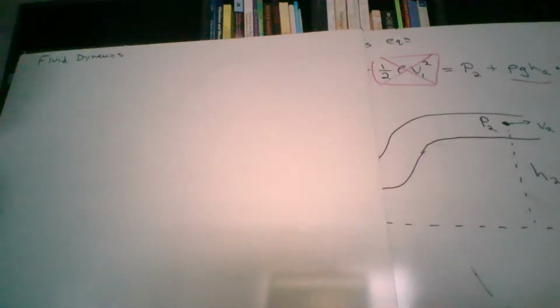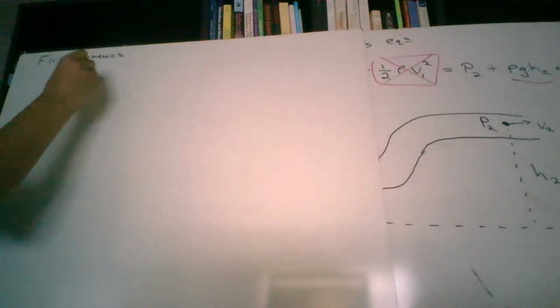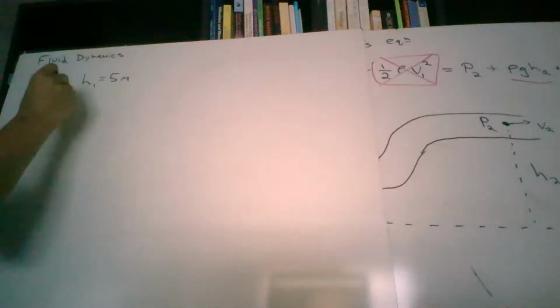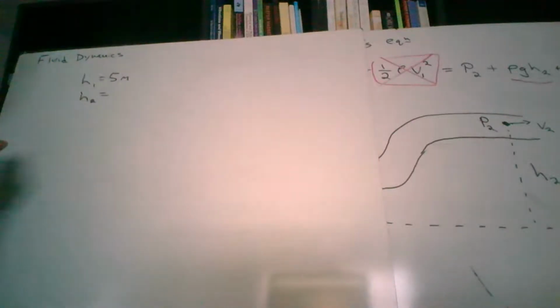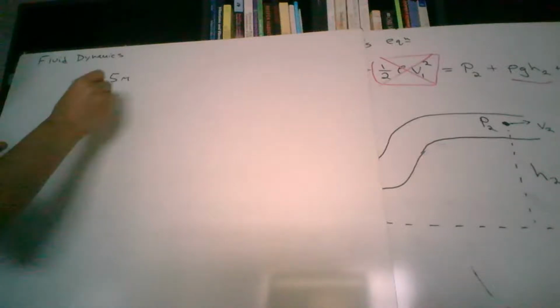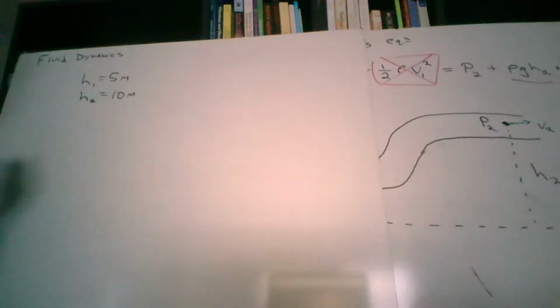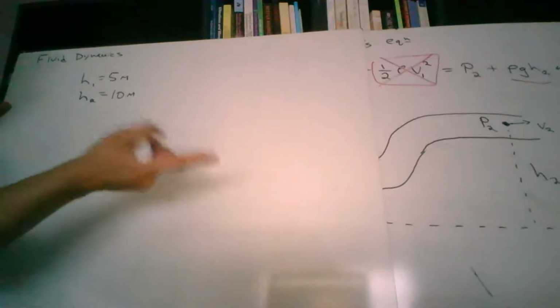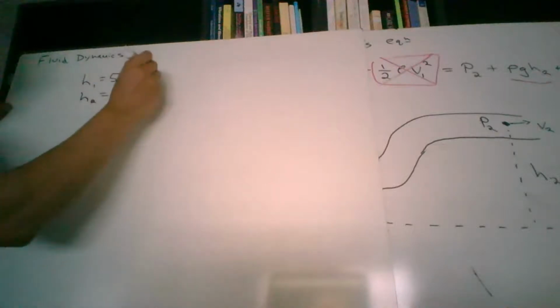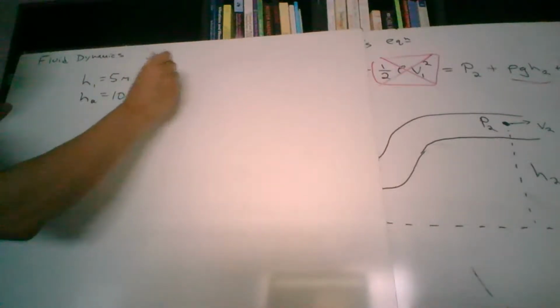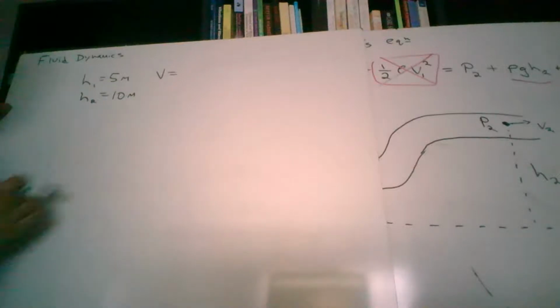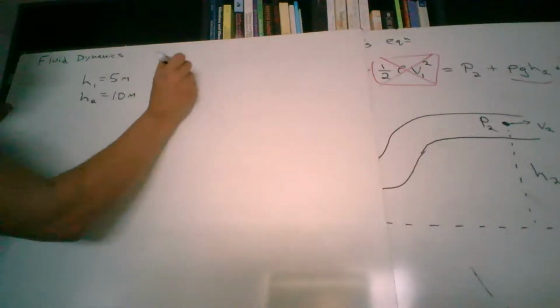So let's let H1 equal 5 meters. H2 is going to equal 10 meters. What else? The velocity, V1, V2, we said was exactly the same, so we don't care. The velocity of this fluid that's flowing is equal to 2 meters per second.